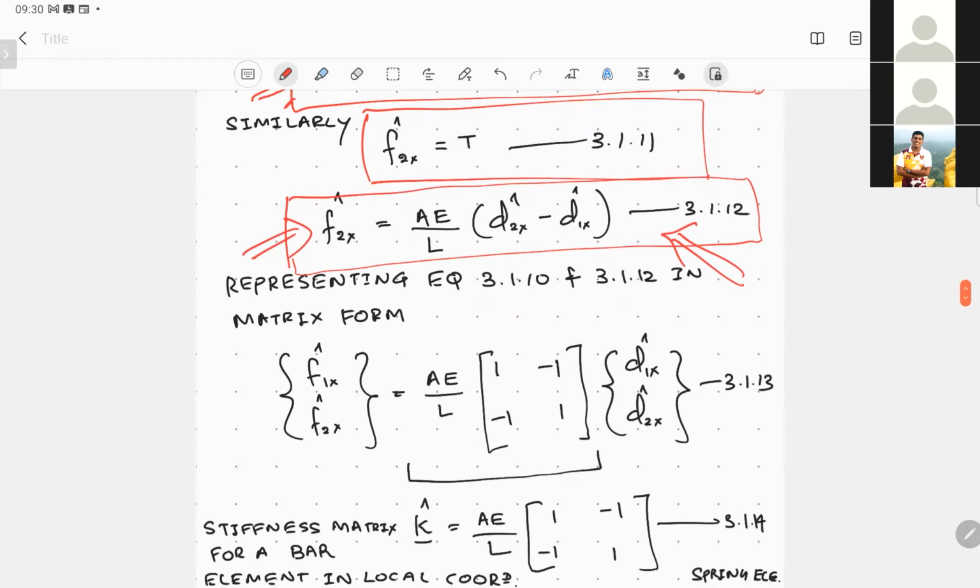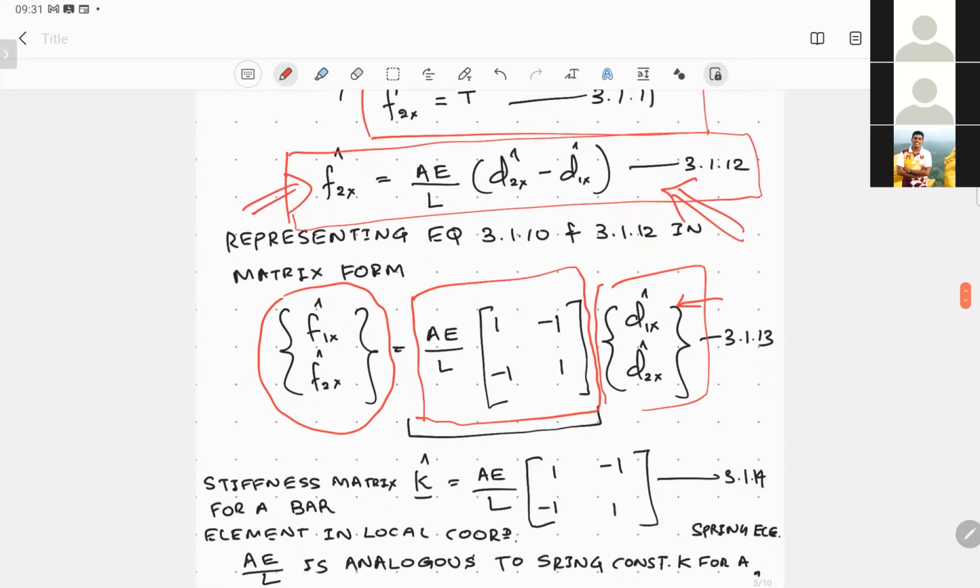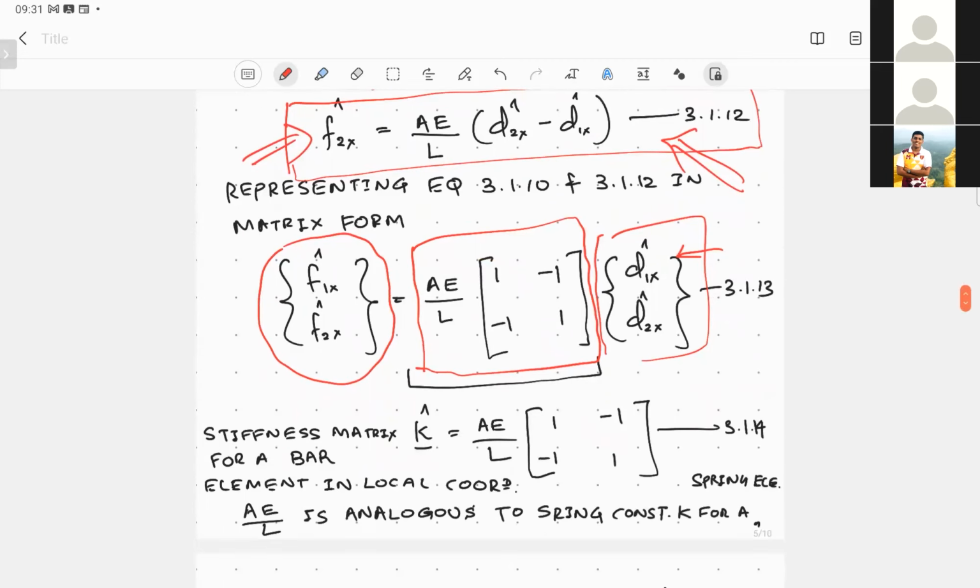On the left hand side, you write the force column matrix in the local coordinate system, and you write the local displacements as a column matrix. What you end up with in the middle is the stiffness matrix for a bar element, very similar to the one you obtain for a spring element.